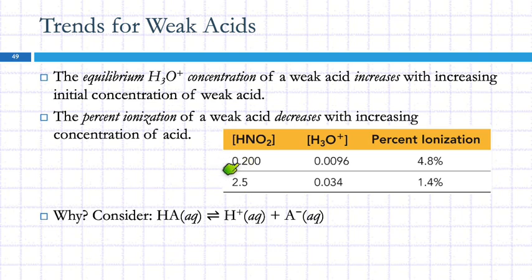A 0.2 molar solution is going to be 4.8% ionized. A 2.5 molar solution is going to be only 1.4% ionized. So the more concentrated the acid is, the less ionized it is.